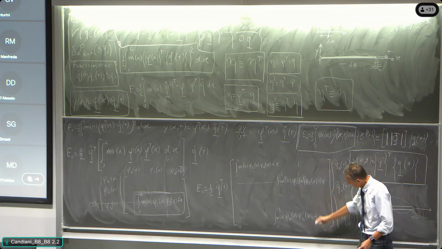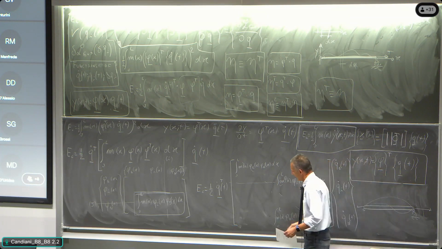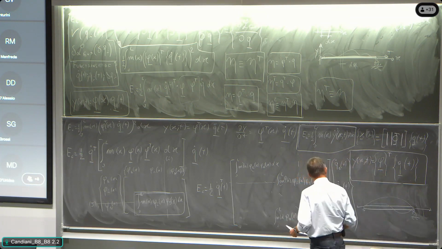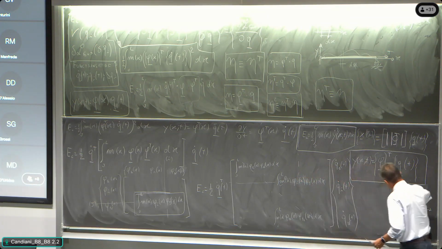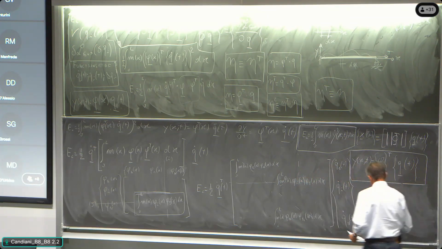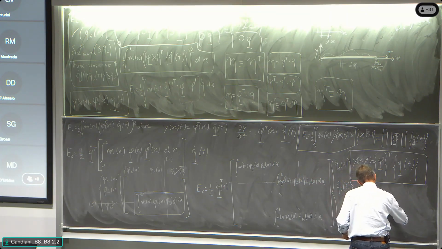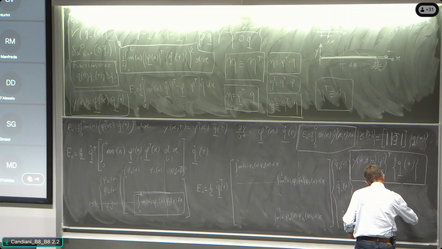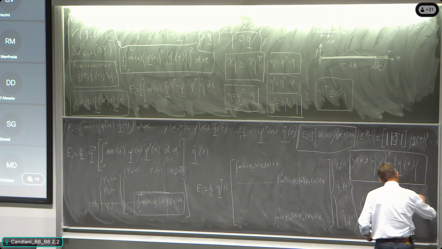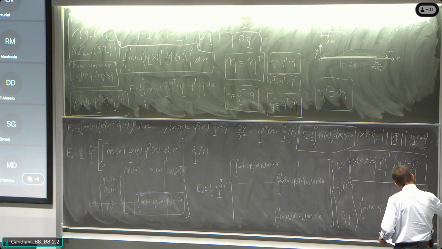Generally speaking, the key property that we should demonstrate is that the integral from 0 to L of m(x) phi i(x) phi j(x) dx is equal to m_i star if i equals j, and 0 if i is different from j.